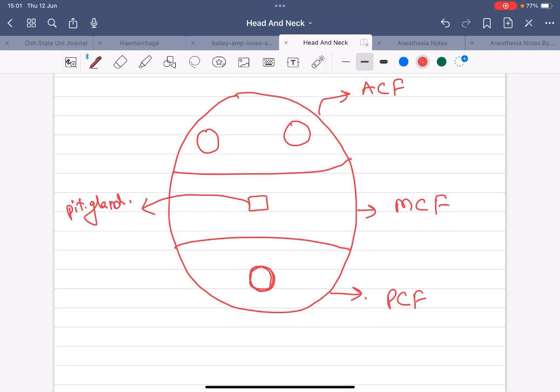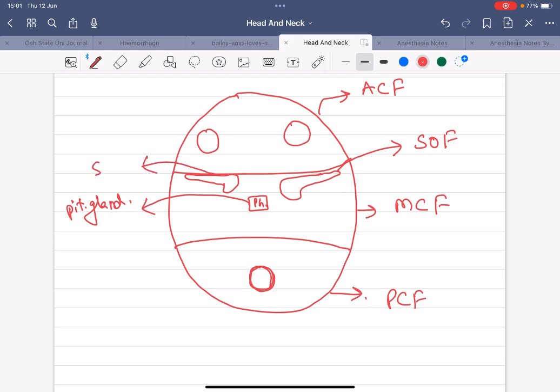Now please remember all students, this is your superior orbital fissure.